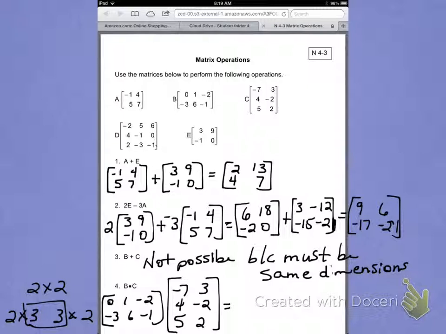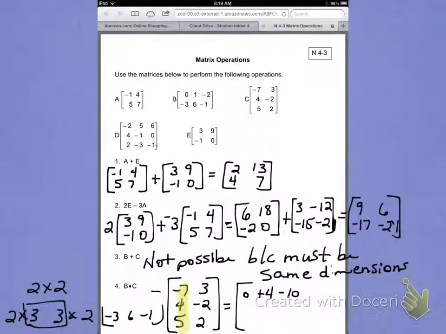Okay. Now we're going to multiply again row by column. We did that last in 4.2. So we have 0 times negative 7 is 0, plus 1 times 4 is 4, plus negative 2 times 5 is minus 10. Then we have our second row.